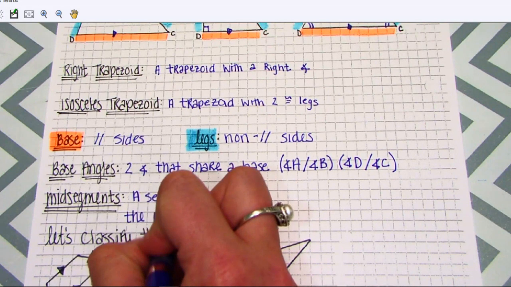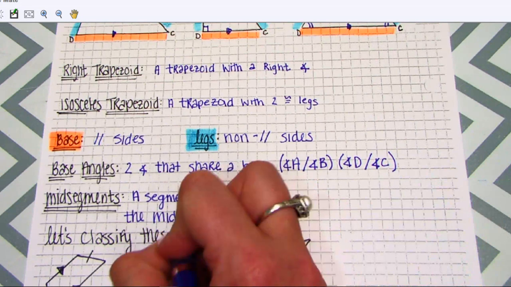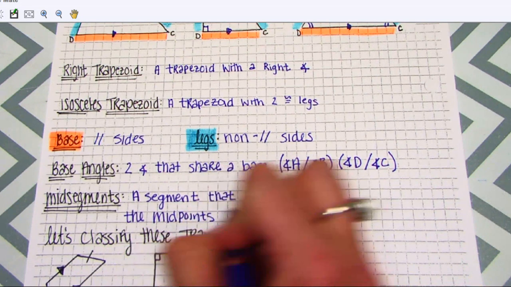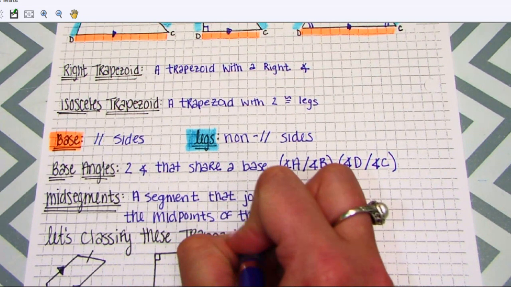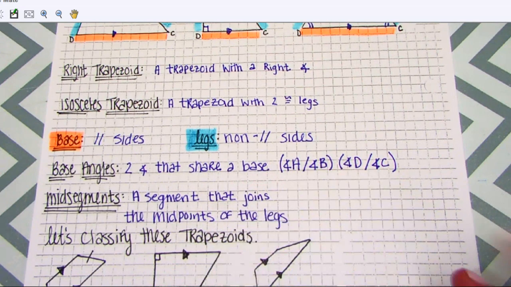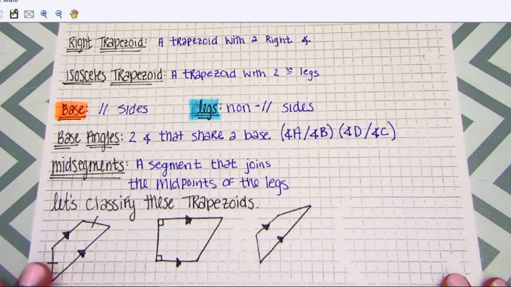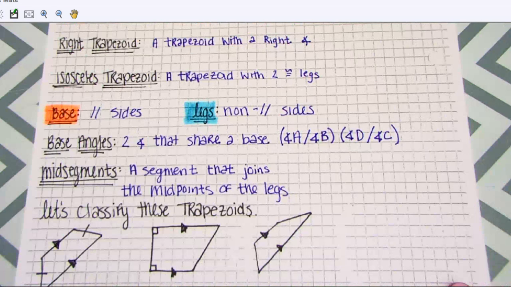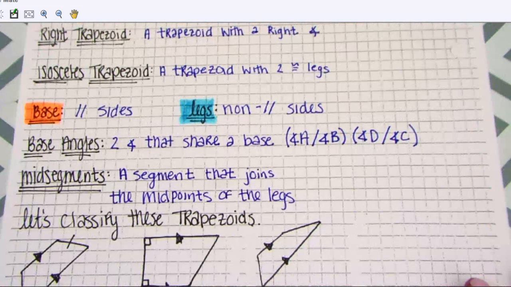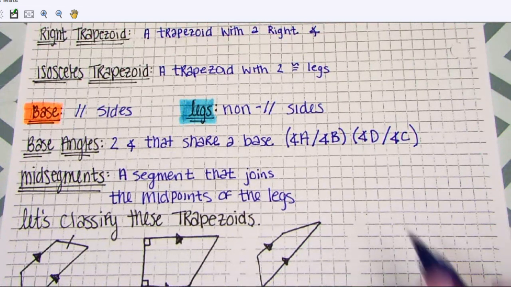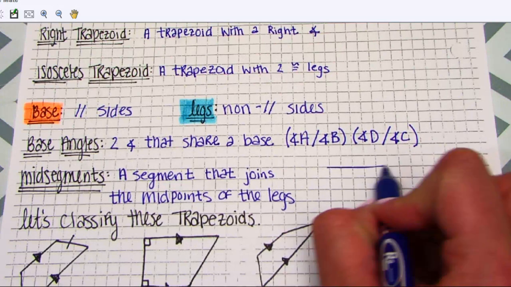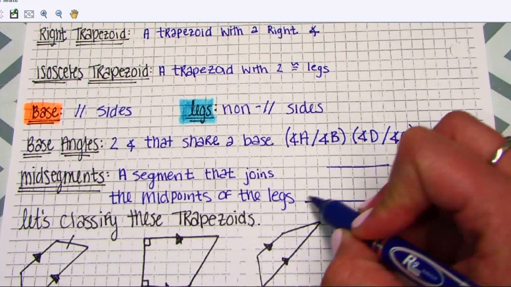And I'm going to draw a picture over here. And we'll talk about the midsegment theorem on the next page, but I didn't want to crowd the picture, so I'm just going to draw an isosceles trapezoid.